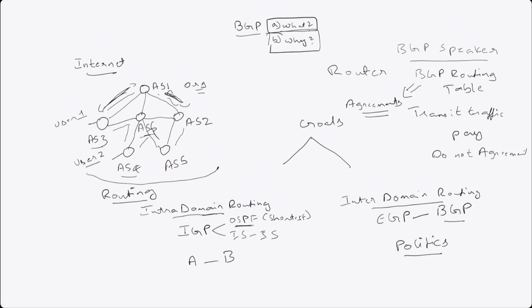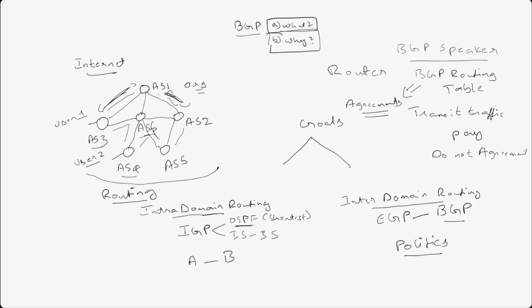Let's say an AS is the US Department of Defense. They might have a policy saying that any traffic that is generated from us or is coming to us should never transit Iran, right, for security reasons. Google might have a policy saying that any traffic generated from us or coming to us should never transit Microsoft, right?